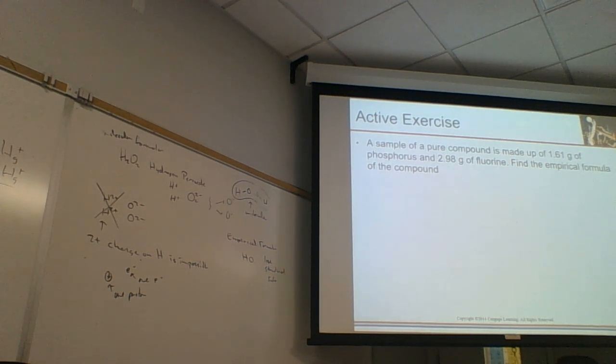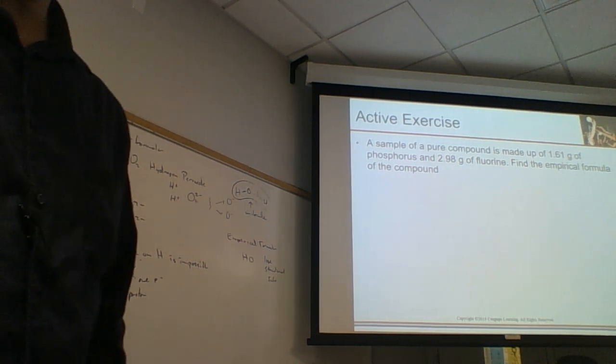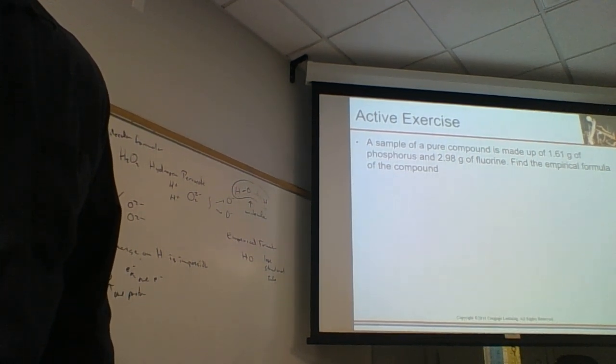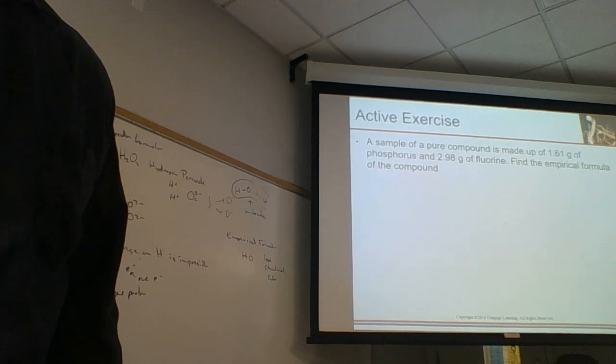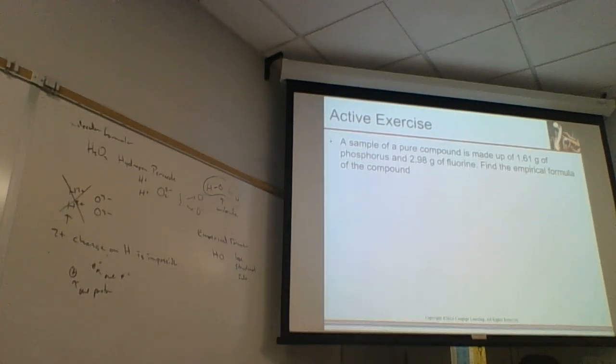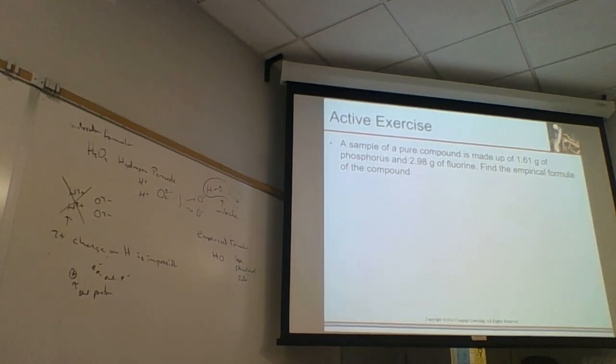After a long, arduous process, they finally figured out the composition and the structure. It turned out it was 1 platinum, 2 chlorines, and 2 ammonias stuck on there. And this drug is still being used today. It's a powerful chemotherapy agent. But how do they figure out what the composition and the structure is?